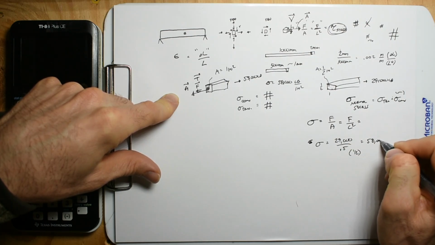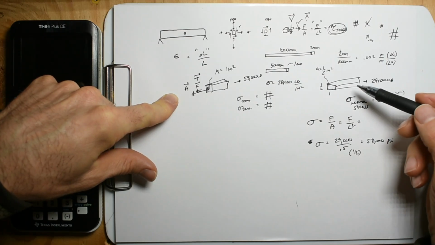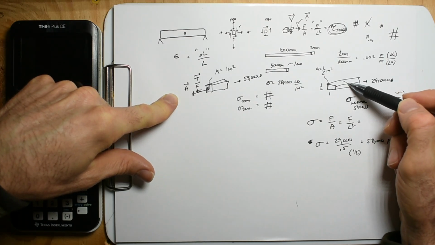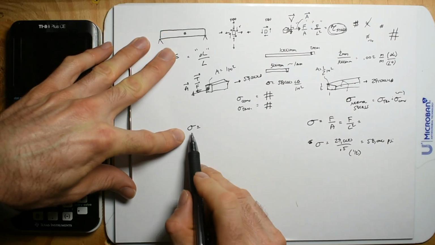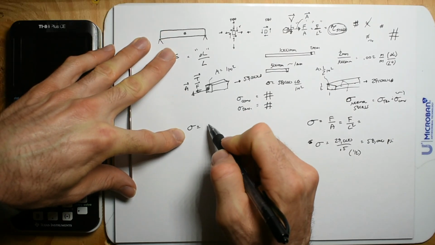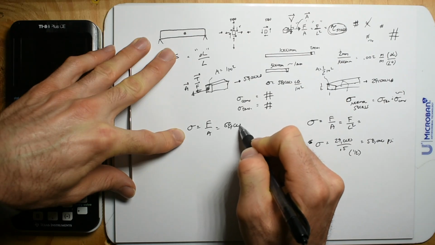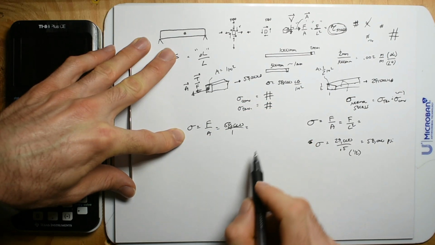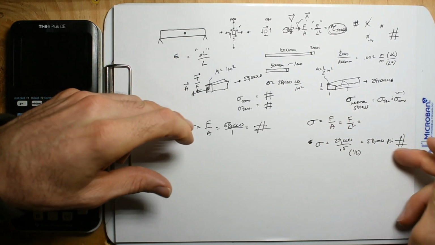So we get 58,000 psi, pounds per square inch, on this cross section, which is right at the limit. And on this one, our normal stress in tension is force divided by area, which is 58,000 divided by 1. So both of these are going to have the same pressure.